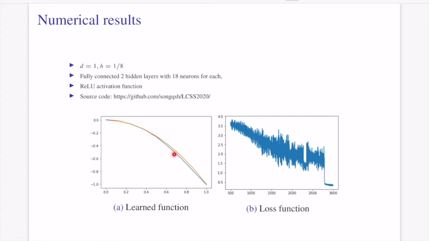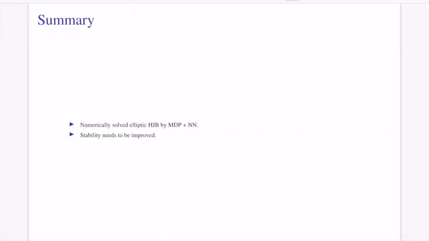The result is pretty good. This is the loss function. When the epoch reaches about 2800, the loss suddenly drops to a satisfactory level and stabilizes. There are many more examples implemented and uploaded to this GitHub. If you're interested, you're welcome to visit that site.